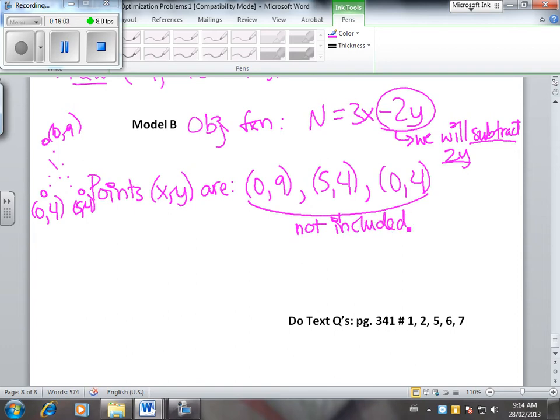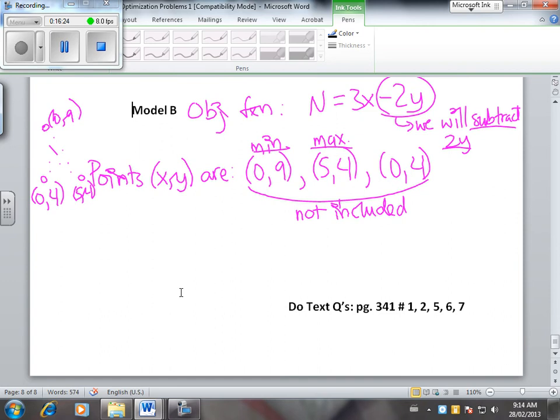Then we look for our minimum and our maximum. And here 0, 9 will be our minimum. 5, 4 will be our maximum. And again, neither are included.